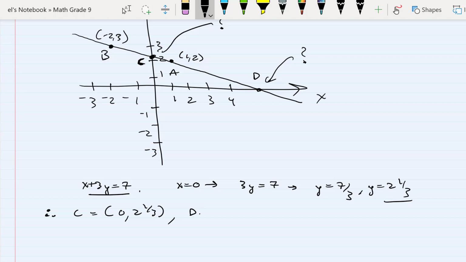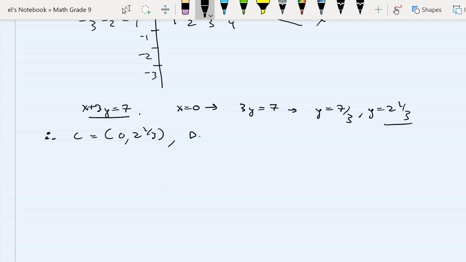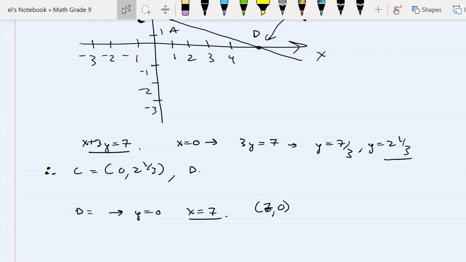Now, to find the point D, we set y equals 0. And we say x is 7. Therefore, that point is just 7 and 0.